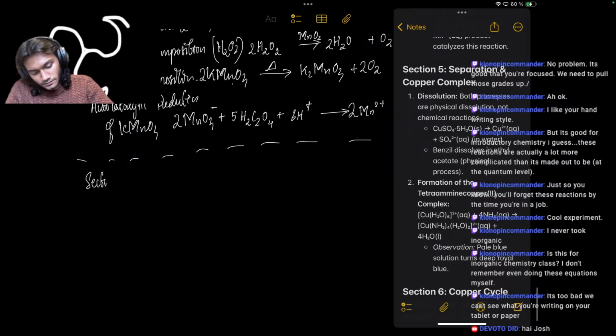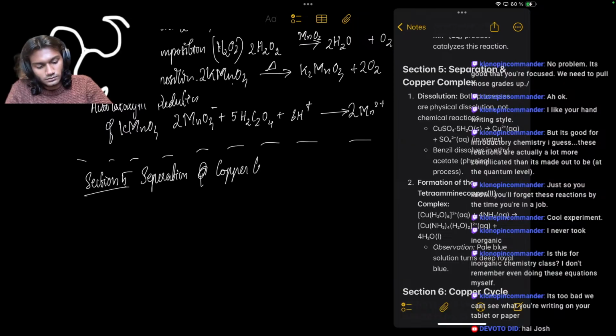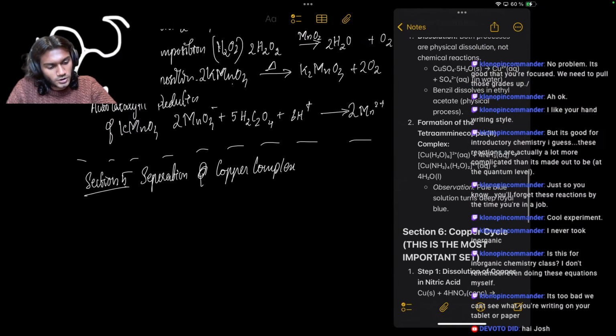Section 5. Okay, the first one doesn't matter. Formation of tetraamine copper.